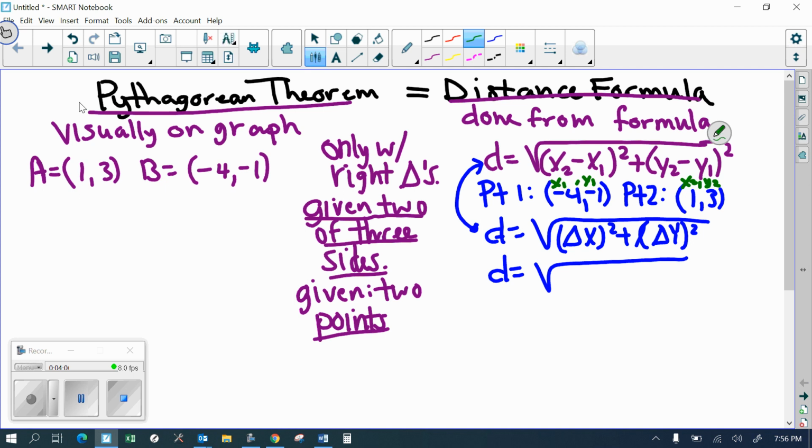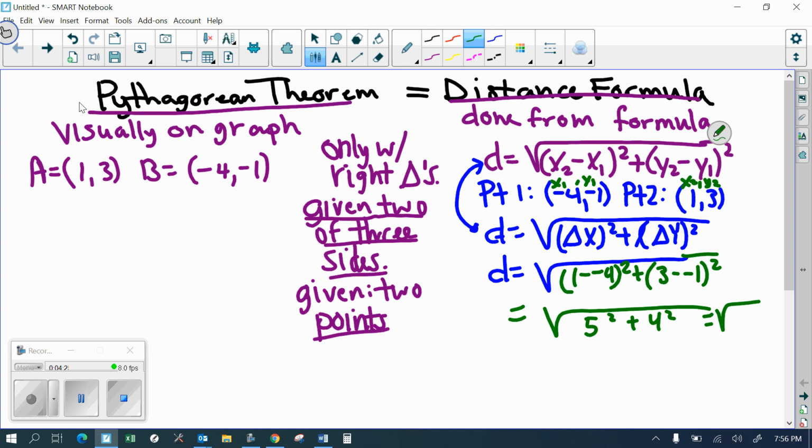So x sub 2 minus x sub 1 squared plus y sub 2 minus y sub 1 squared. So it gives me 5 squared plus 4 squared, which then gives me the square root of 25 plus 16 is 41.